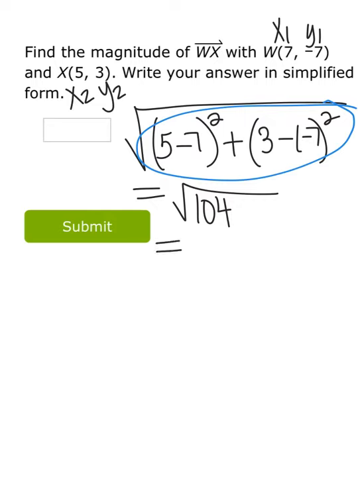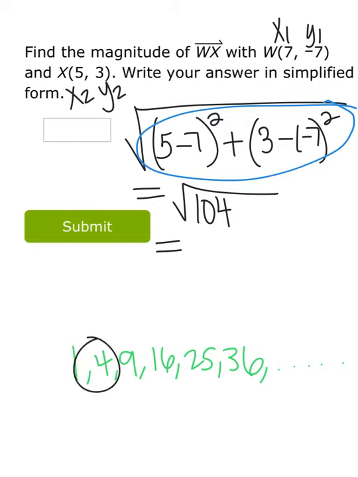So now let's think about if I can break down the square root of 104 anymore. So let's go over our perfect squares again. I'm going to write them in green: 1, 4, 9, 16, 25, 36. And I could keep going, but we don't need to. So let's think about, out of these numbers, what number would divide evenly into 104? And I know that 104 is divisible by 4.